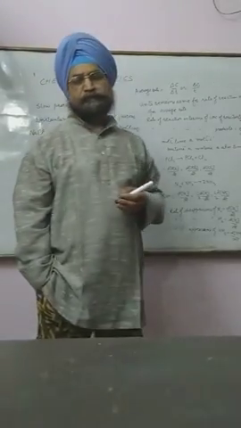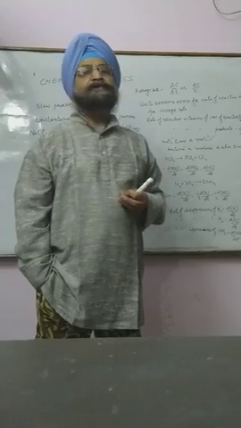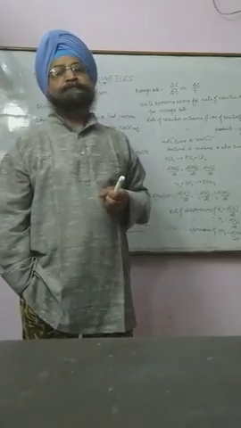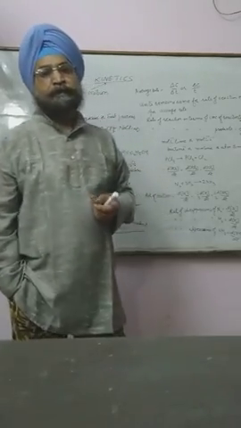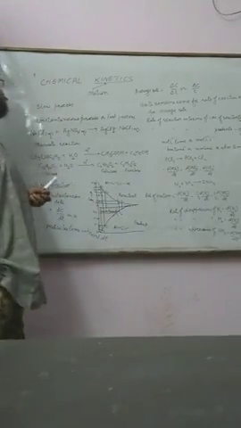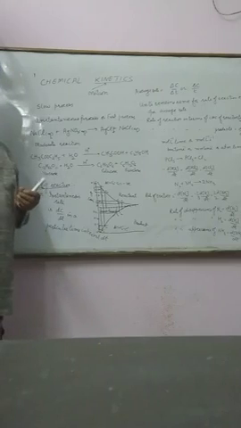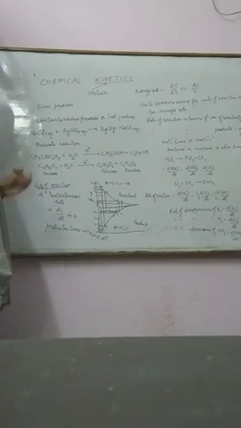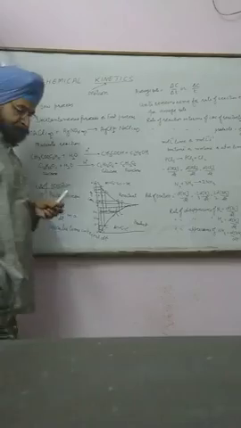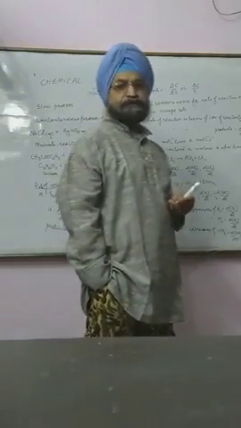A very large number of other processes, like radioactive decay of some stable elements, also fall into this category. It is very difficult to find the exact rate of reaction in case of slow reaction because the time is very large.